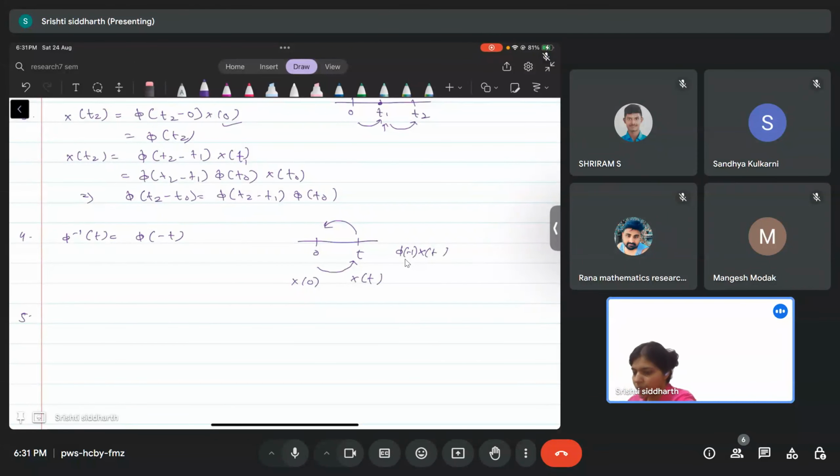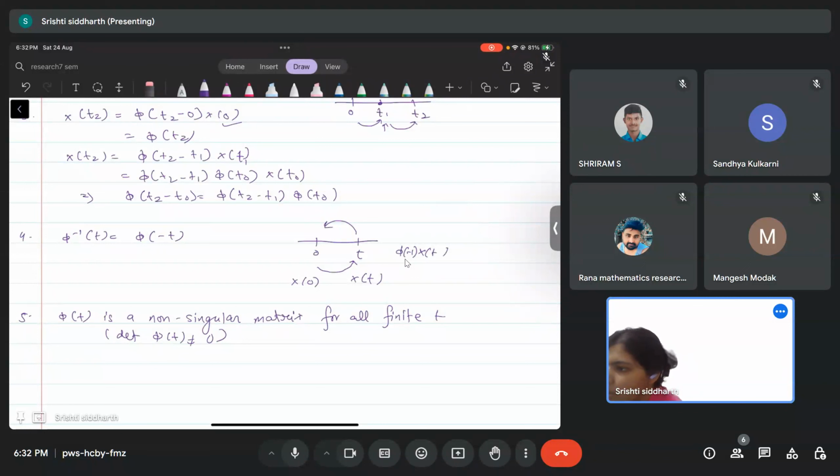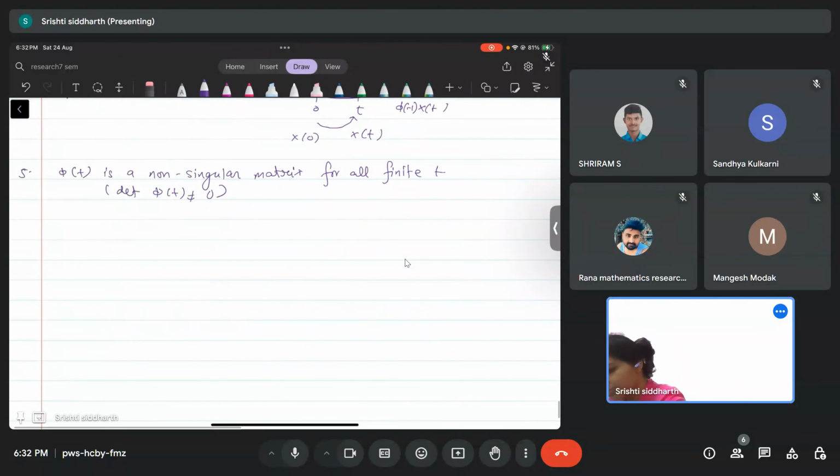And then you have the last property that phi of t is a non-singular matrix for all finite t. That is, the determinant of phi of t is non-zero. Okay, so let's look at some questions now.